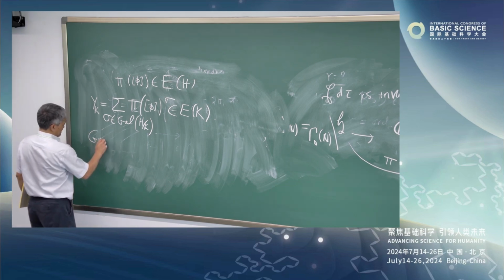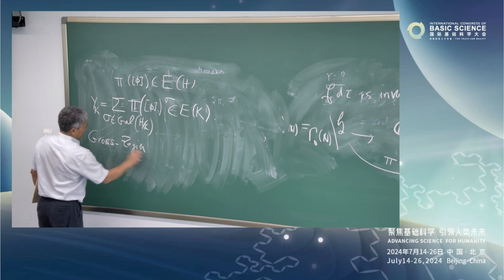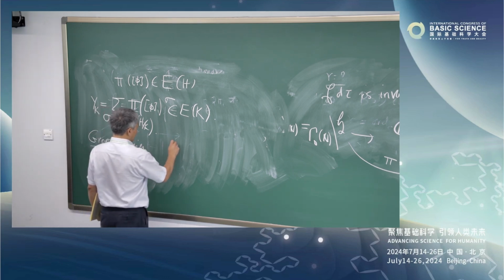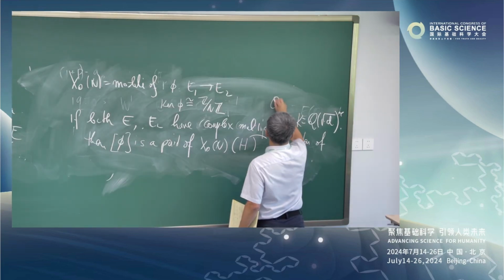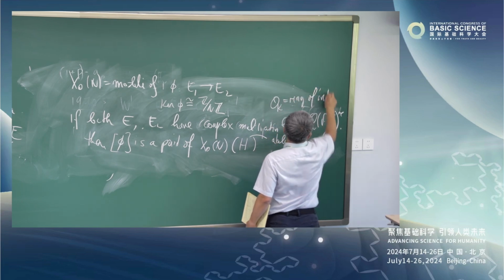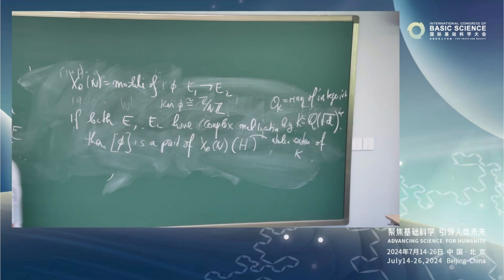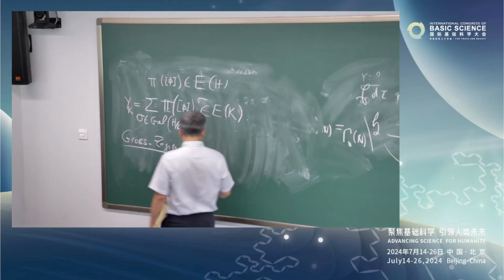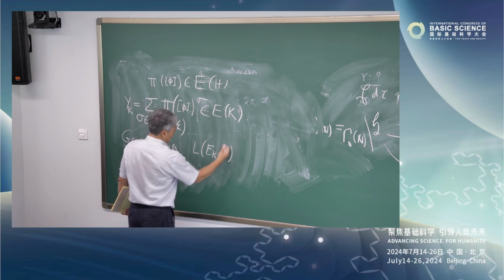Gross and Zagier, what did they prove? It is the following. Let K be specified by O, the ring of integers. Gross-Zagier showed that L(E/K, s) at 1 will be 0.